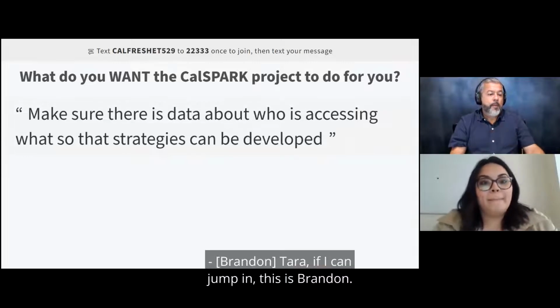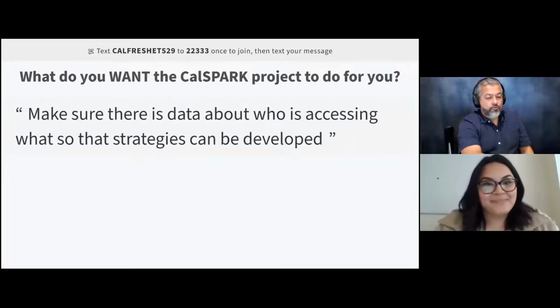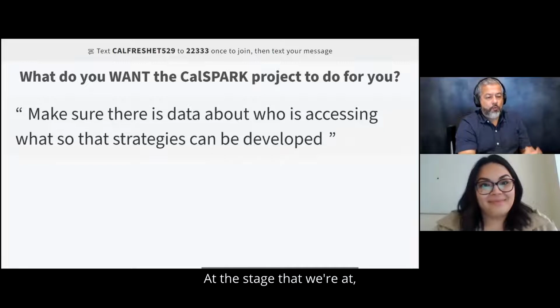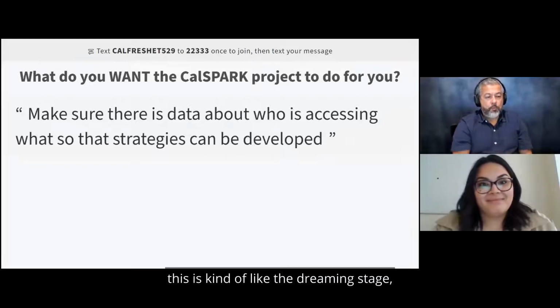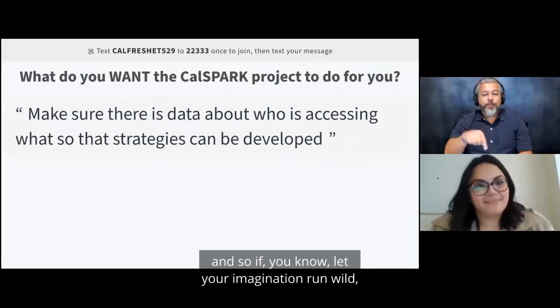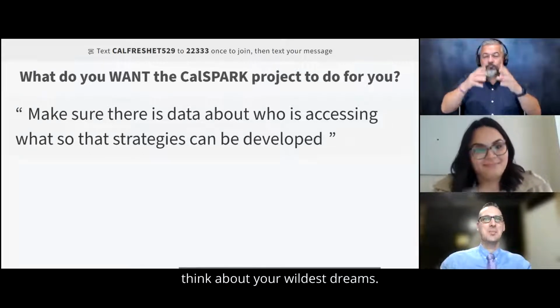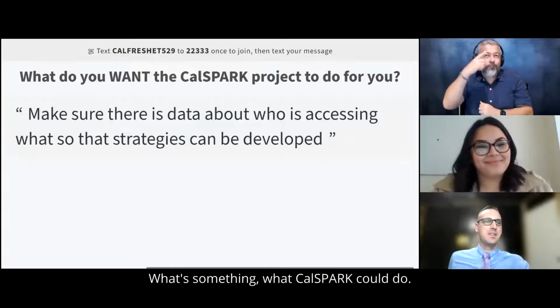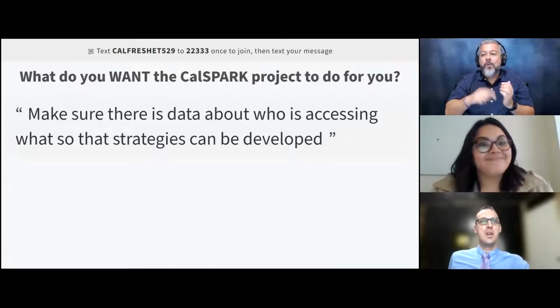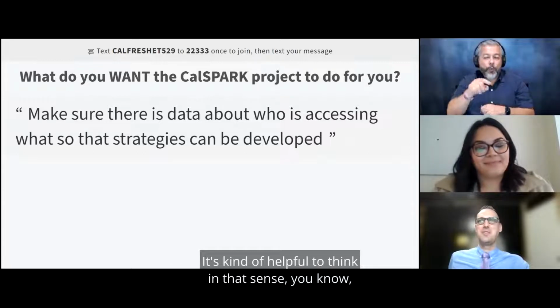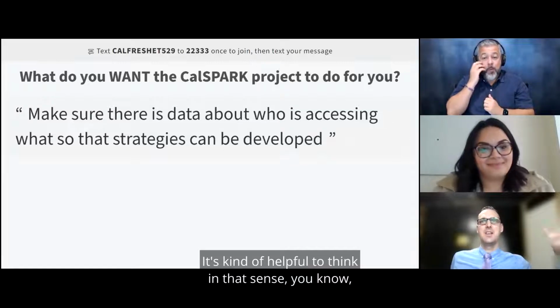And Sarah, if I can jump in, this is Brandon. At the stage that we're at, this is kind of like the dreaming stage. So let your imagination run wild and think about your wildest dreams, what Calspark could do. It's kind of helpful to think in that sense.